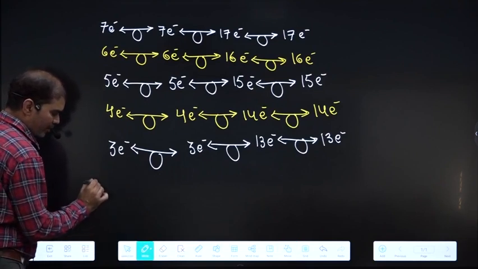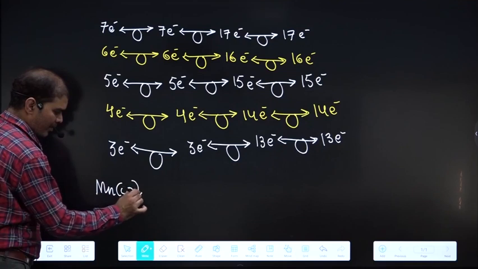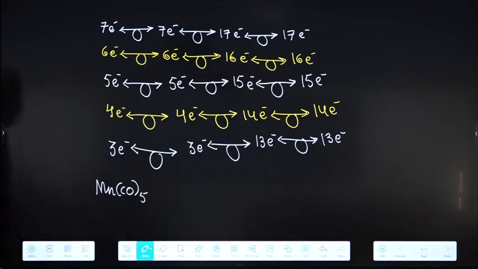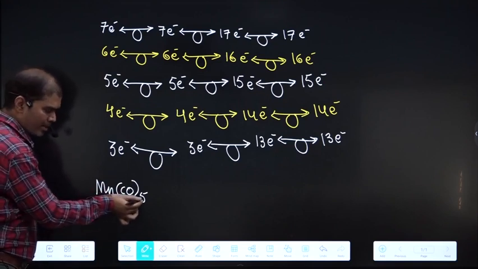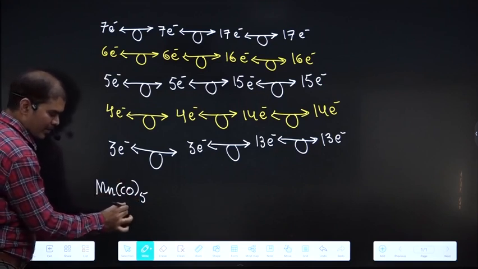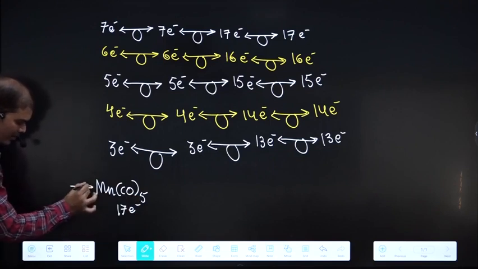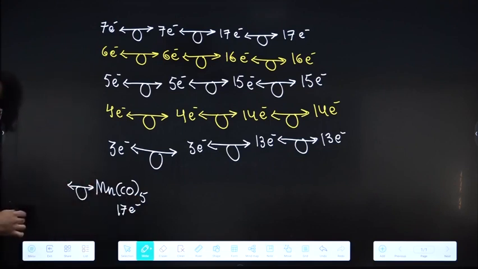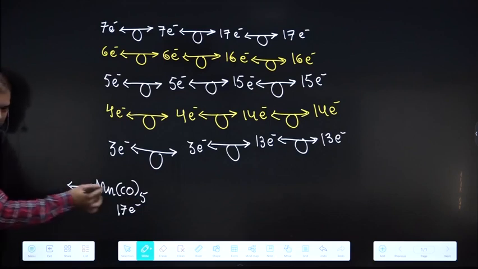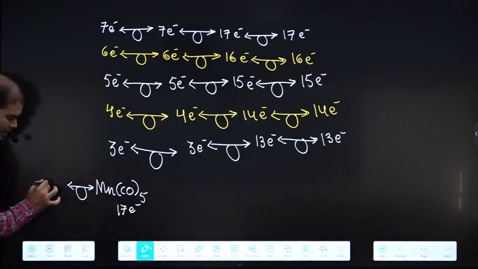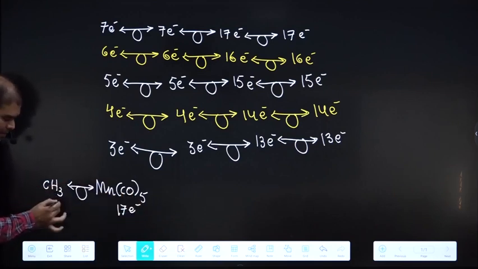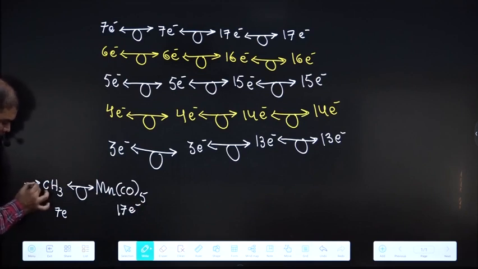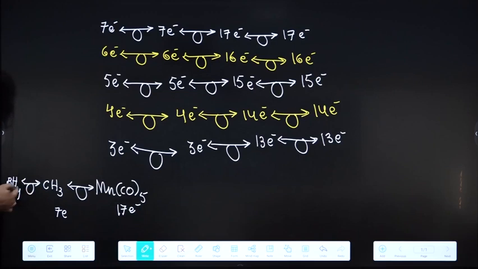Now just suppose I give you Mn(CO)5, how many electron system is it? Simply you have to count the valence electrons, 7 plus 5 into 2. It is a 17 electron system. It is isolobal with which organic fragment? 17 is isolobal with 7. 7 means I take a methyl. So Mn(CO)5 is isolobal with a 7 electron system. This can be isolobal with a BH4?